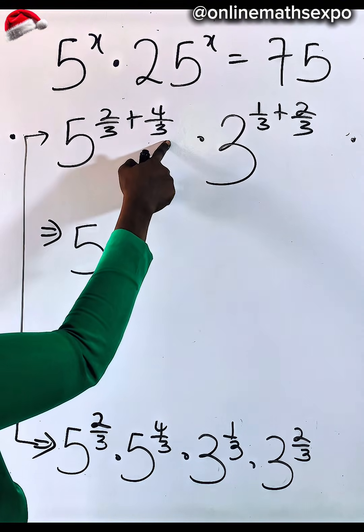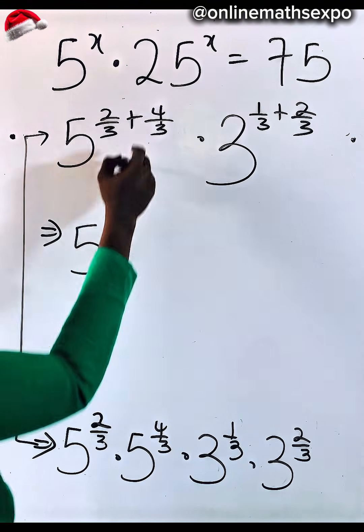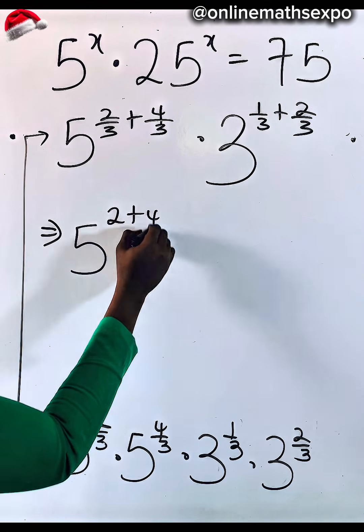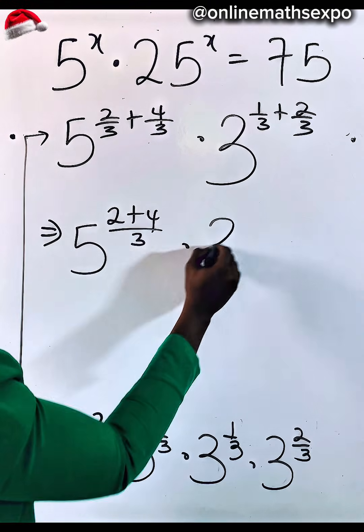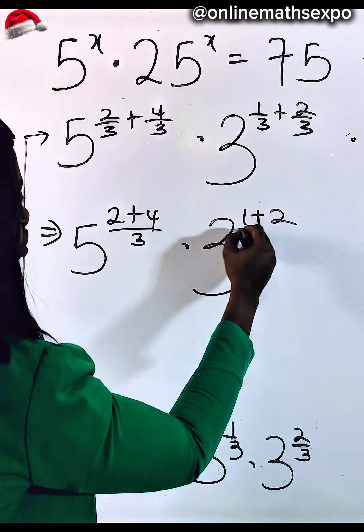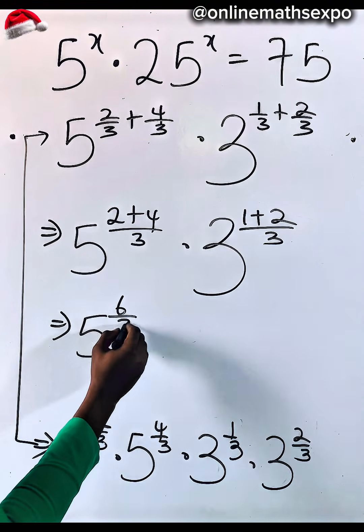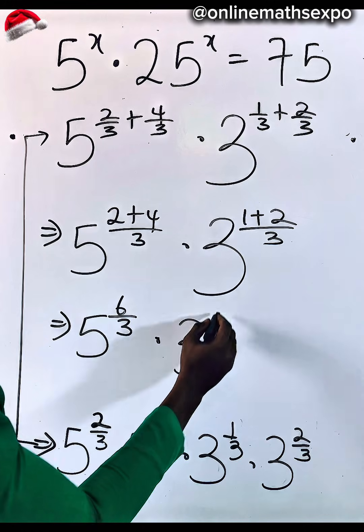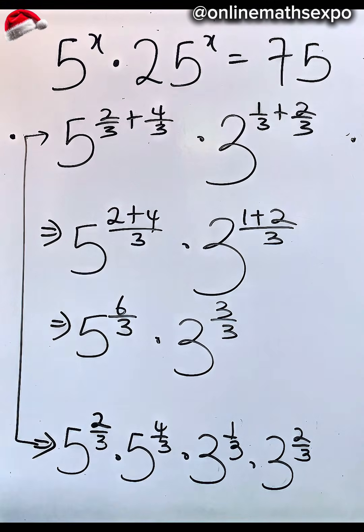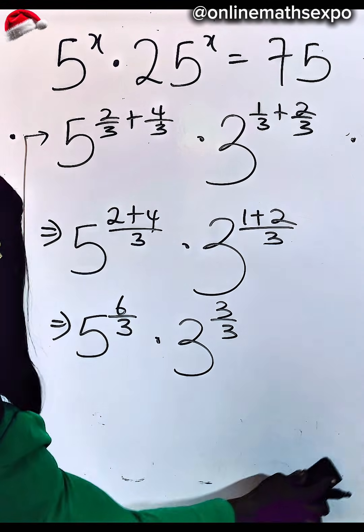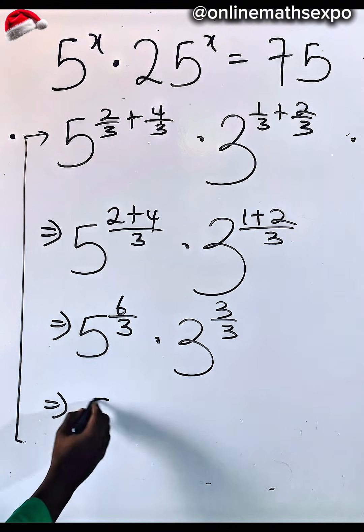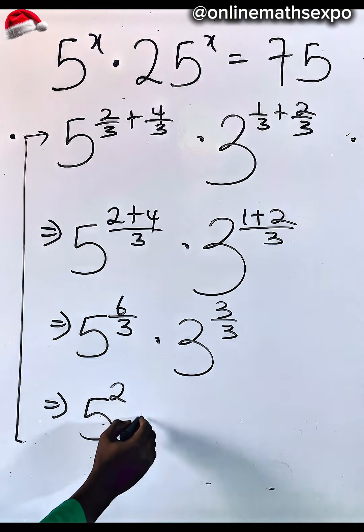Denominators are the same, so you can easily add the numerator. And we are going to have 2 add 4 on 3 is multiplying 1 add 2 on 3. So we are having 5 to the power of 6/3 multiply 3 to the power of 3/3. So if you simplify this, this is going to give us 5. If you divide this, it gives you 2.